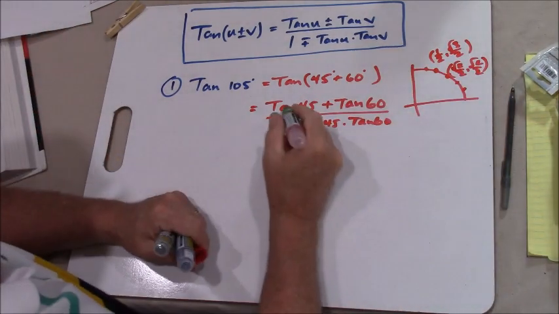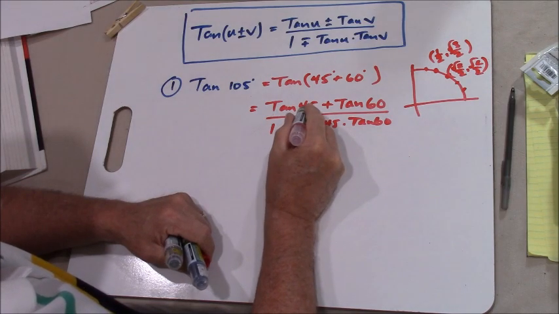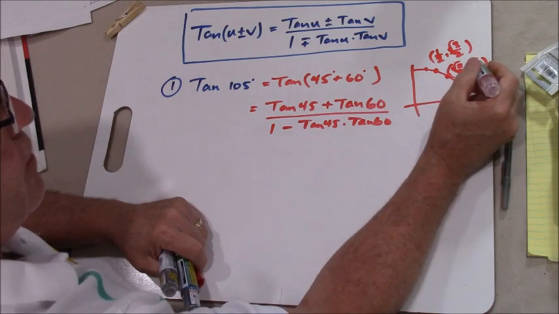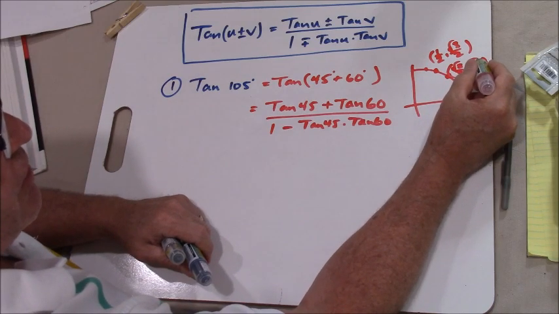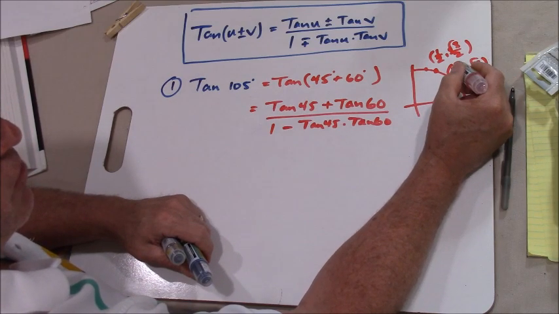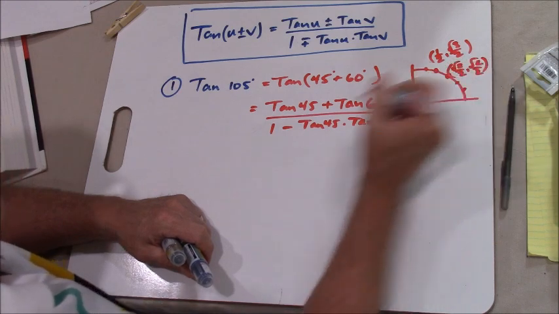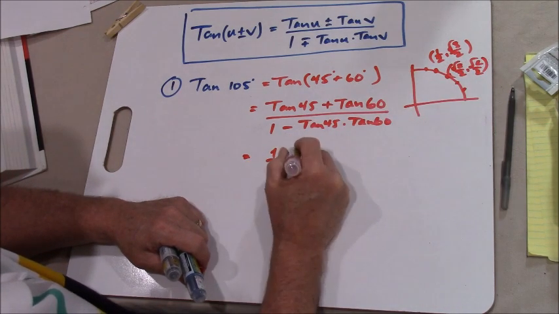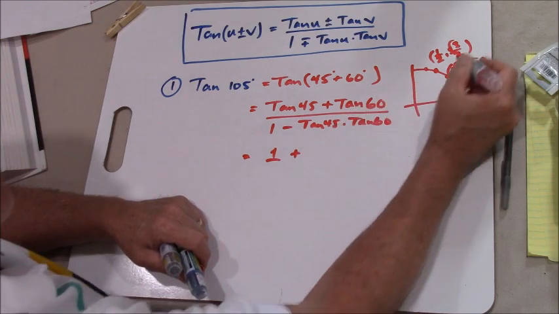Alright, so tangent of 45. Remember, tangent is sine over cosine. And when we look at the unit circle, we do the sine numerator divided by the cosine numerator. So this is root 2 over root 2, which is 1, plus tangent 60.